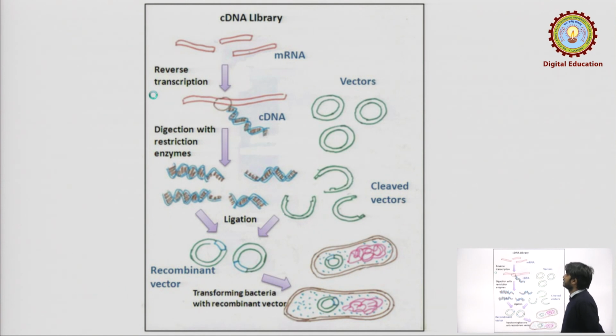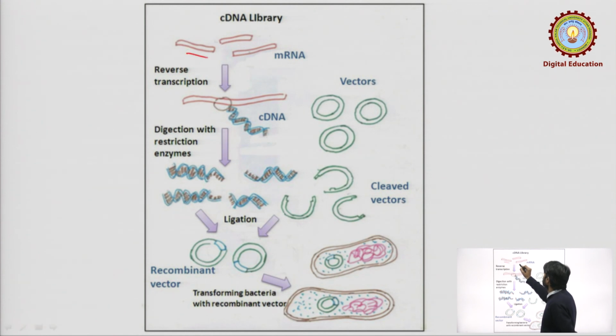After the cDNA library is prepared, here we have our messenger RNA, and with the help of reverse transcriptase we prepared our complementary DNA. Digestion with the restriction enzyme will produce fragments, and we will combine these fragments with the vector and ligate them into the vector to form the recombinant vector.